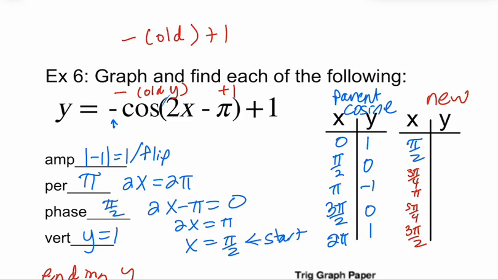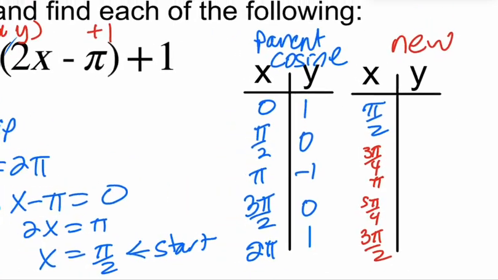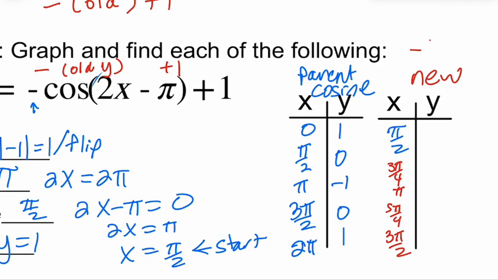Okay, so let's take our old y, and we're going to do the opposite of the old y plus 1. So the opposite of 1 plus 1 is 0. The opposite of 0 plus 1 is 1. The opposite of negative 1 plus 1 becomes 1 plus 1, or 2.